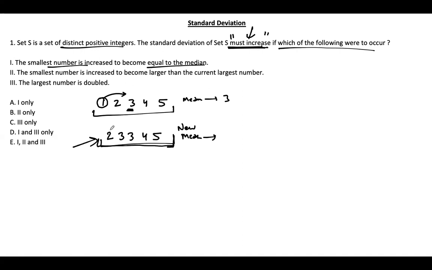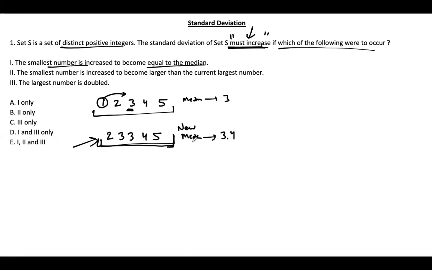I'm just explaining for the sake of explanation. What will be the mean? Calculate. 5 plus 3, 8 plus 4, 12 plus 5, 17. 17 by 5 would be 3.4. So mean has not changed that much.